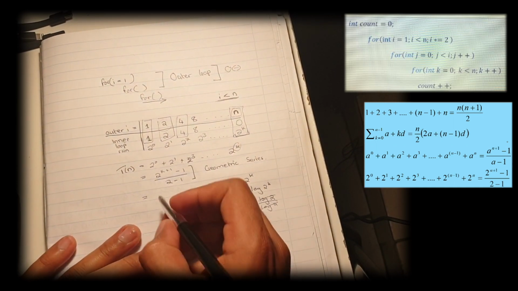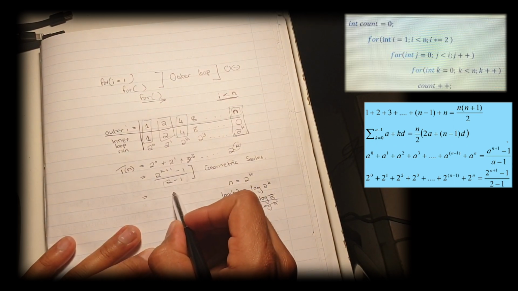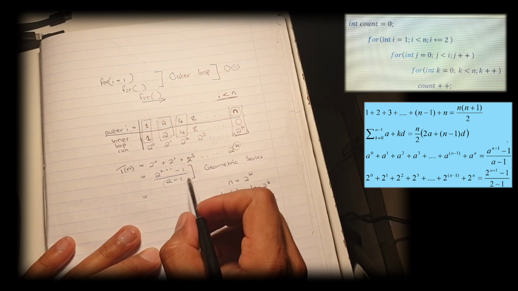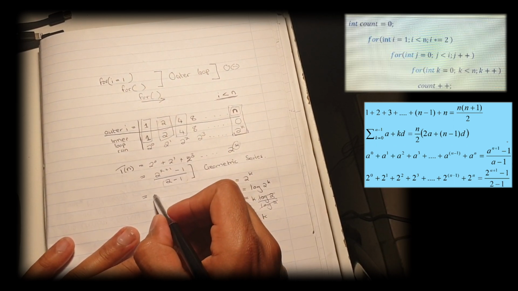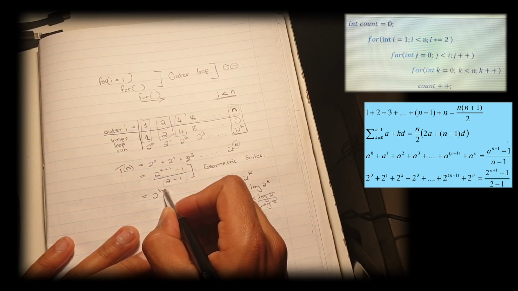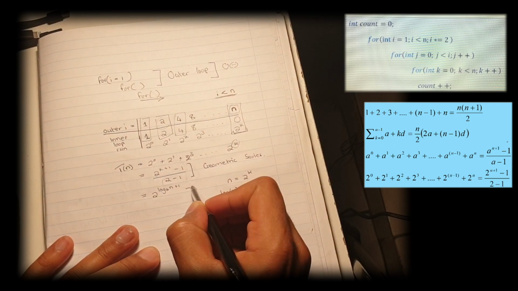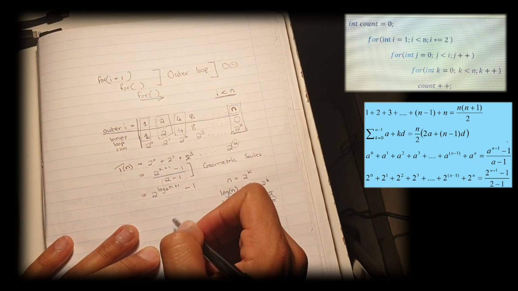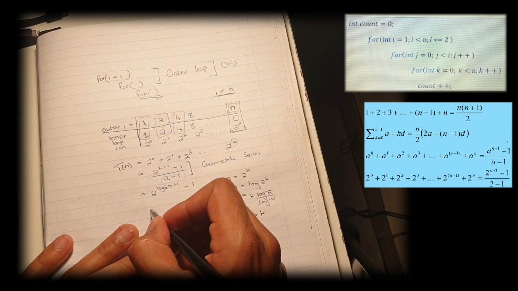So we go back here. We have the denominator here is going to evaluate to 1, so we can drop it out. So we have 2 to the power of log base 2 of n, plus 1, minus 1, right? Then we said already the denominator is going to be equal to 1. So what do we have?